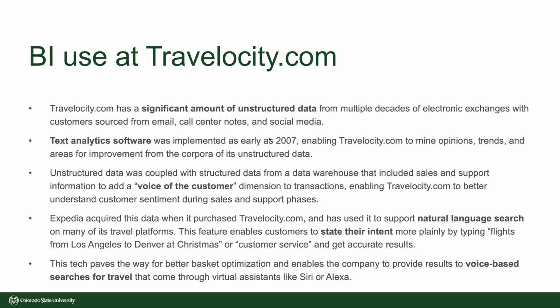So they can, at this point, just type flights from Los Angeles to Denver at Christmas or customer service, and Expedia and Travelocity's search results will anticipate their needs and give them what they're looking for. Again, that's based on this decades-old understanding of unstructured data that Travelocity had undertaken.